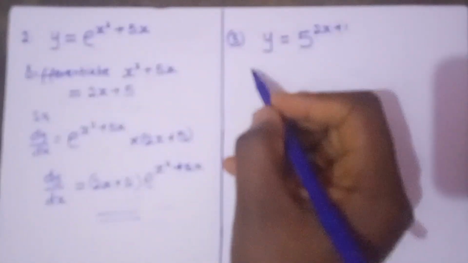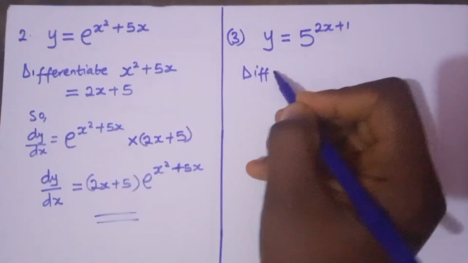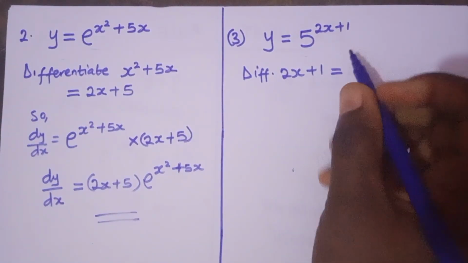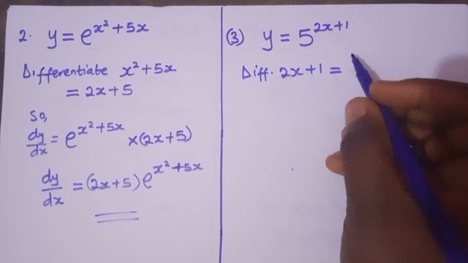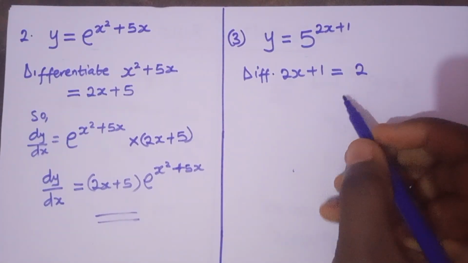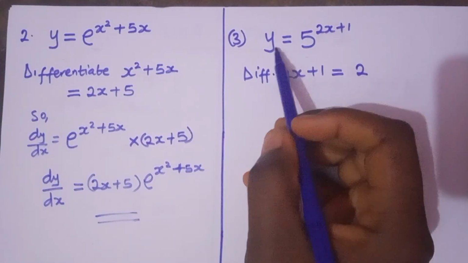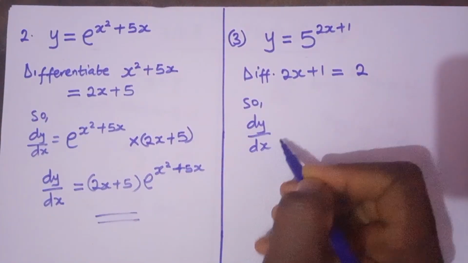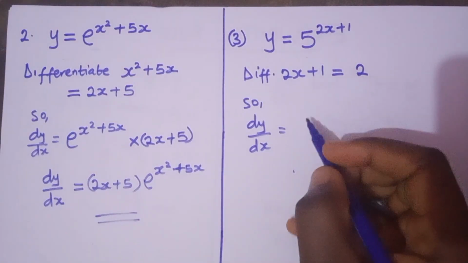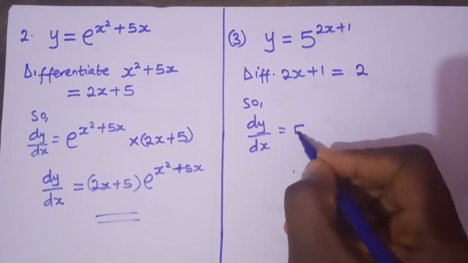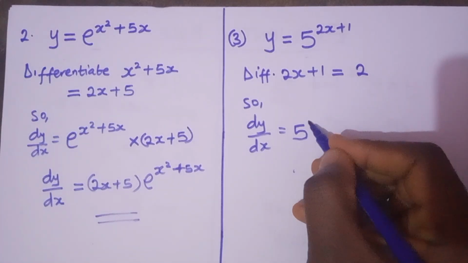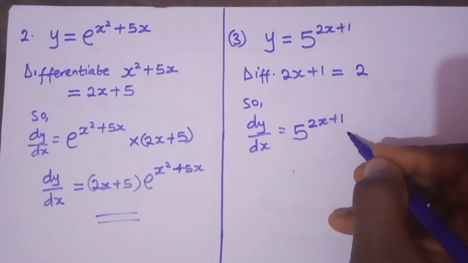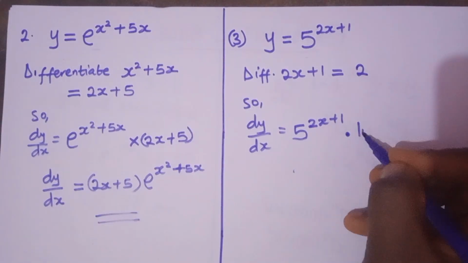Differentiate the power. To differentiate the power, that is 2x plus 1, we have 2. Then the dy/dx will be, repeat the same function, 5 raised to the power 2x plus 1, multiply by ln 5.